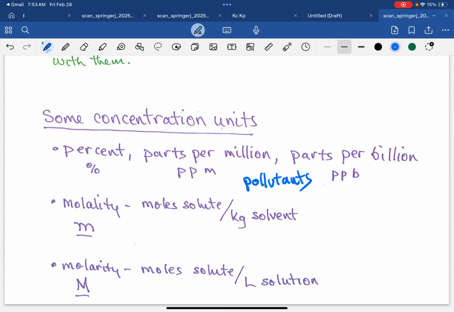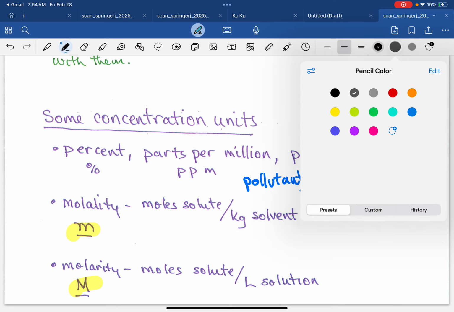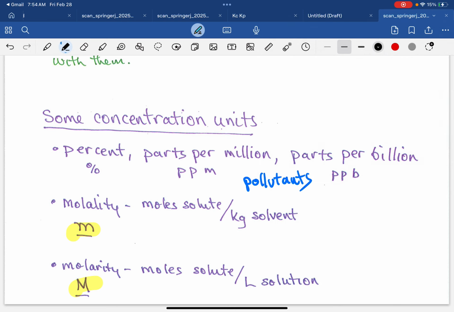What we do like is molarity, which is a capital M underlined, so be careful with that, not the lowercase, but the capital M. There is a difference. And molarity is moles of solute per liter of solution. Now, once again, I'd like you to pay attention to the differences.